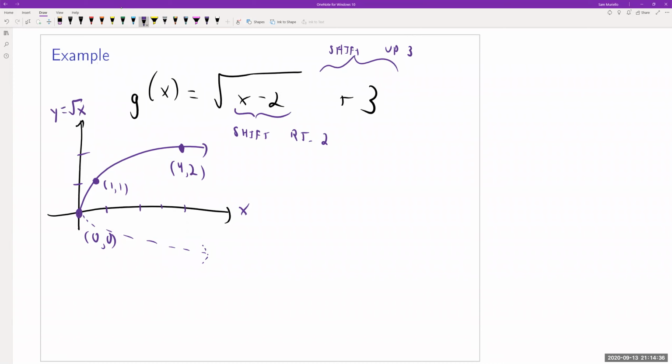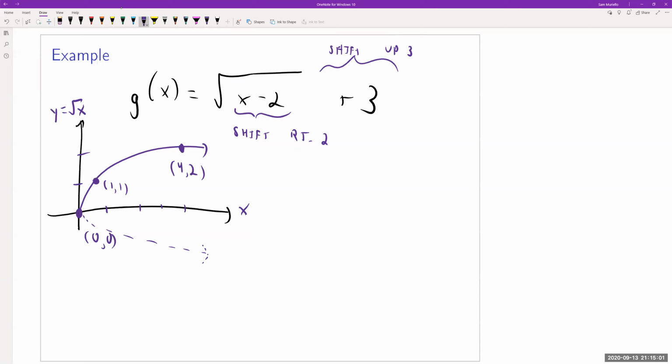I know that the first one is a shift right because it is a change that is happening directly to x. x is being square rooted, and this negative 2 is being applied also inside the square root. Whereas the plus 3 is outside of the square root. It's not happening directly to x, it's happening to the entire function. I'm adding 3 to the whole thing, and that will mean I have a vertical shift.